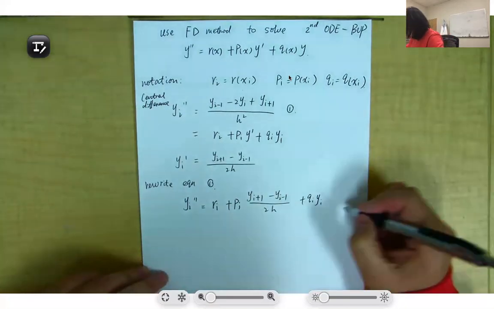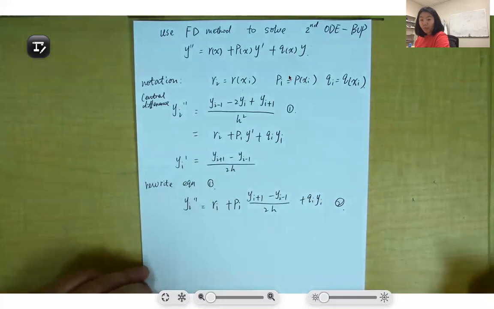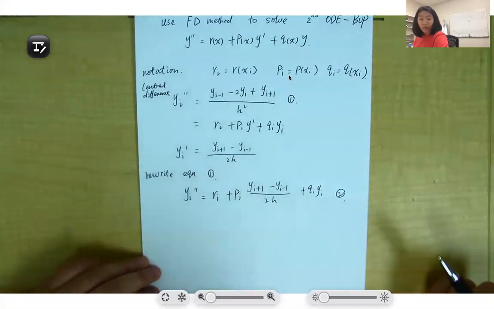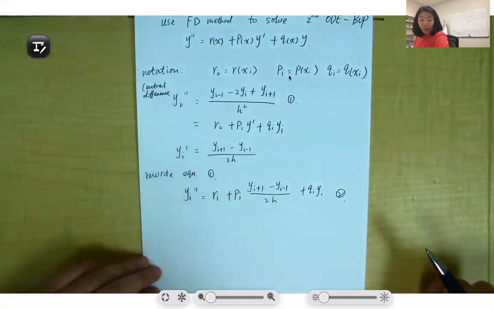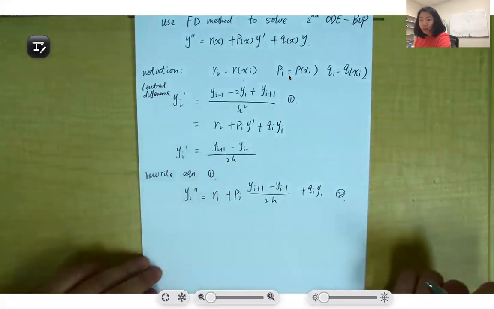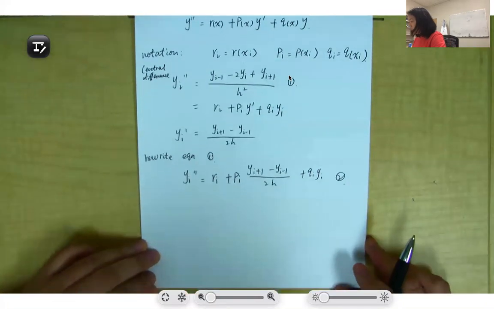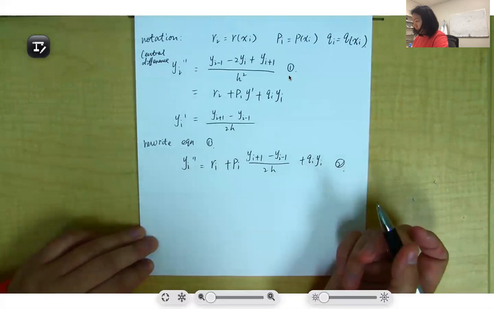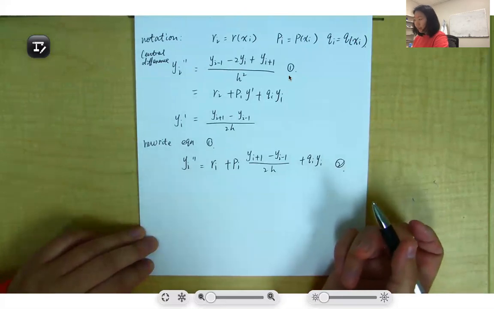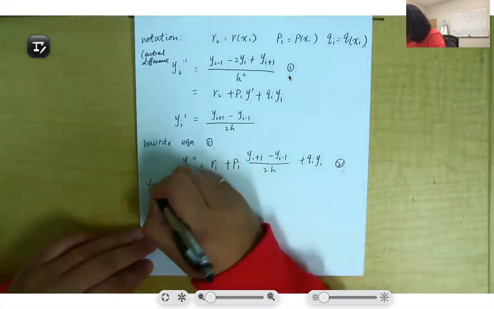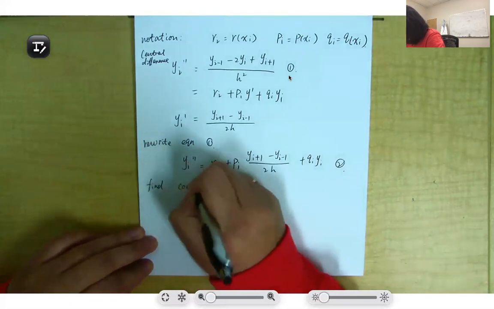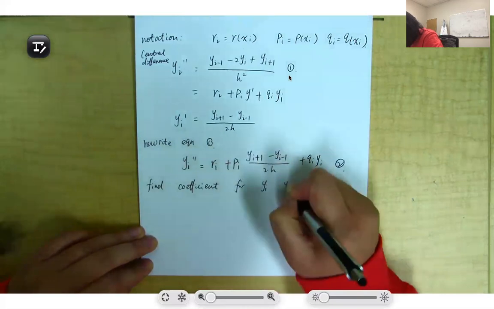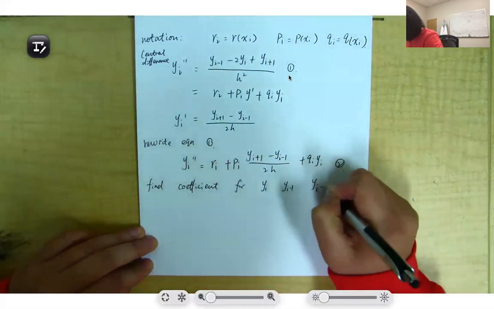Then this becomes equation 2, where you write yi double prime into algebra equations, right? There are no differentials anymore, no derivatives. And you are trying to find the coefficients for yi minus 1, yi, yi plus 1.